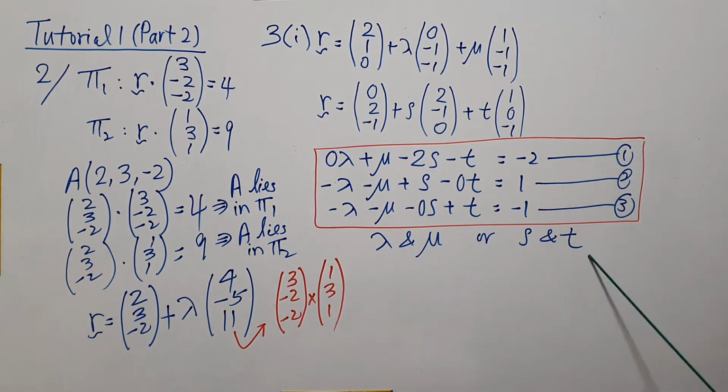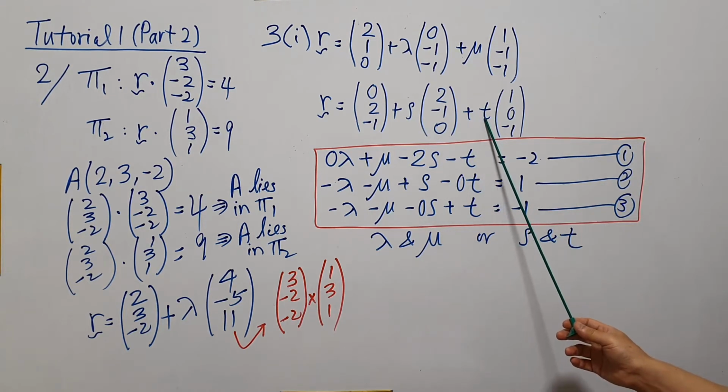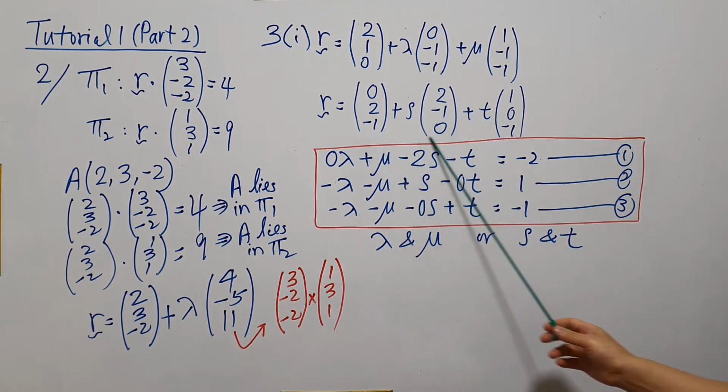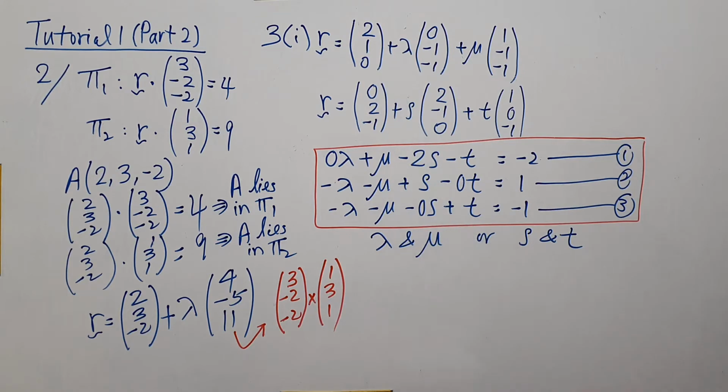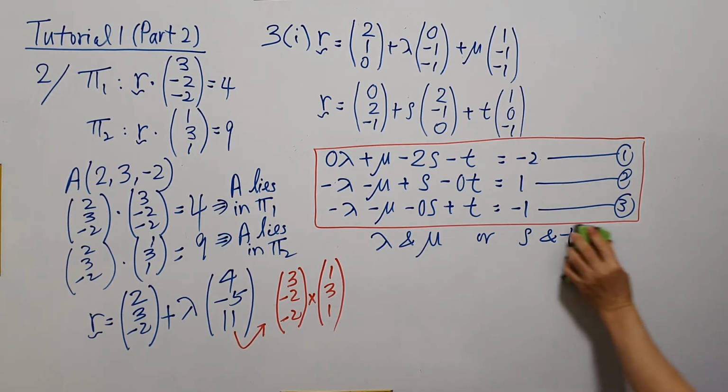Likewise, if I can find t in terms of s, I can replace the t in terms of s, and reduce this whole equation into an equation of a line, and it will be the same line of intersection between the two planes. So my aim right now is to establish either a relationship between lambda and mu, or a relationship between s and t.